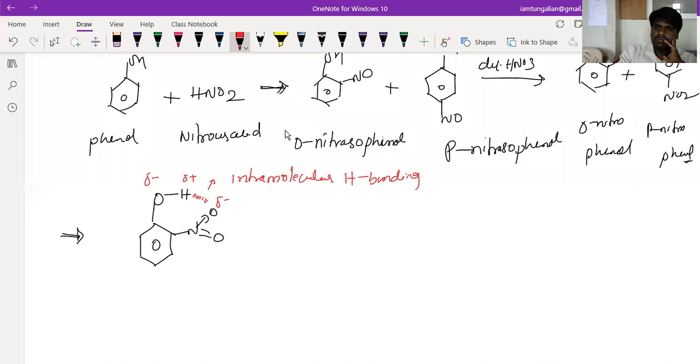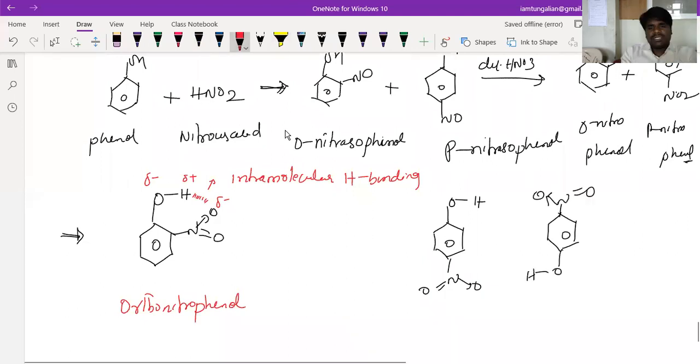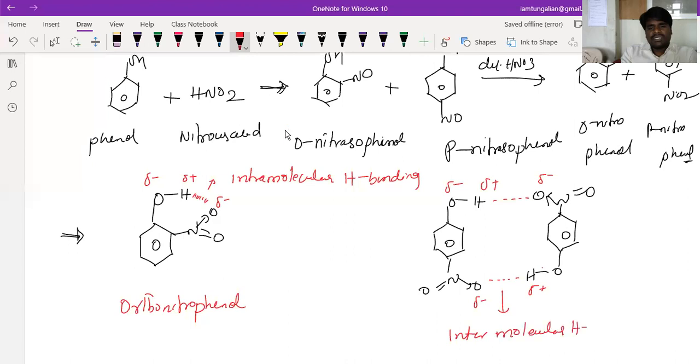Whereas if you look at paranitrophenol, this is partial positive and this is partial negative. It will form intermolecular hydrogen bonding.